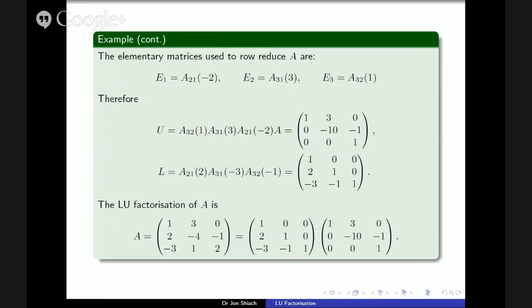Okay, so we know it's going to be like that. It's 1's on the main diagonal and 0's on the upper triangular. So A21 was minus 1, A31 minus 4, and A32 was 16.